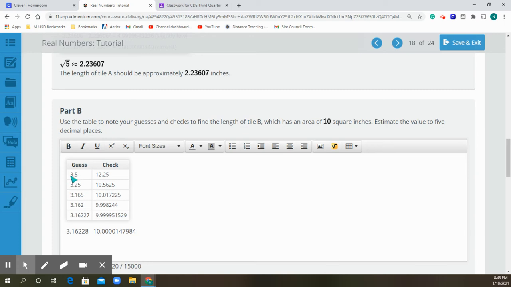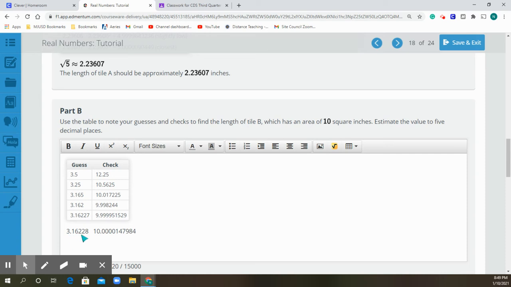Because it's 3.50, half of that would be 3.25. Hope that makes sense. So we're trying to get as close to 10 as possible. We noticed that this went a little too low, below 10. So then we bring it back up.